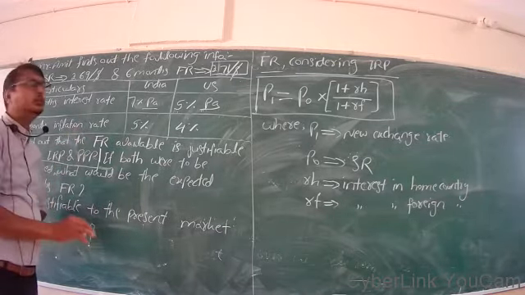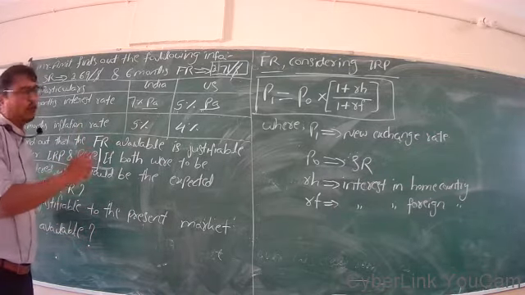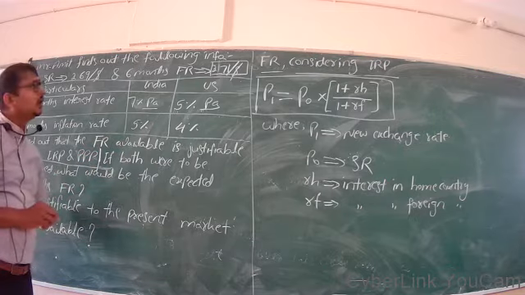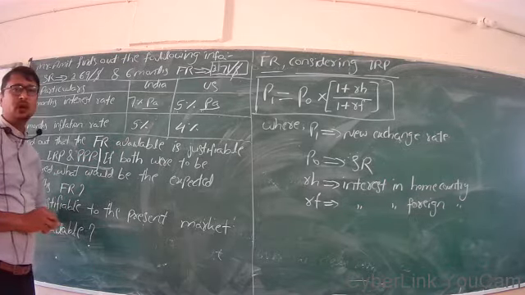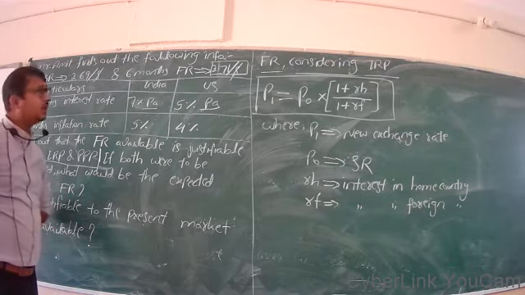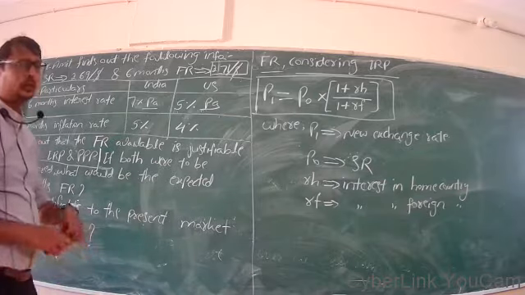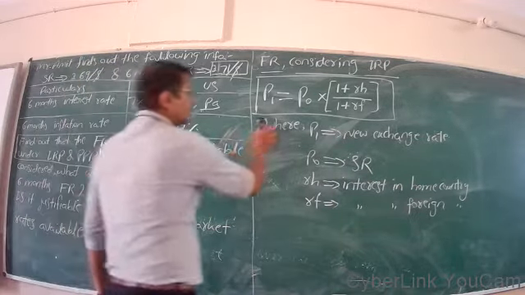The similar formula for interest rate parity theory: P1, the new exchange rate or forward rate, is equal to old exchange rate multiplied by 1 plus interest rate in home country divided by 1 plus interest rate in foreign country. So make a note of all these things.